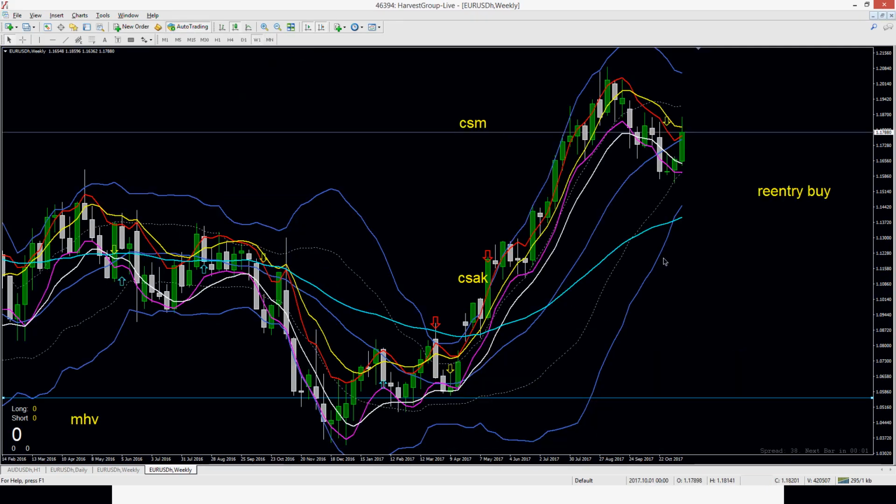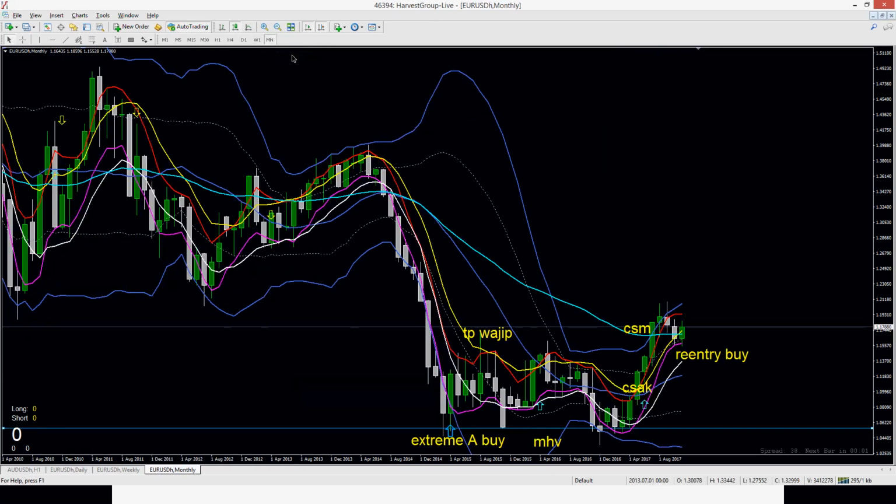However, we need to understand that the lower time frame is still in a downtrend, and it goes downtrend just to create that re-entry buy for the monthly. Right now we cannot tell that this is a re-entry buy because this monthly candle hasn't closed yet.